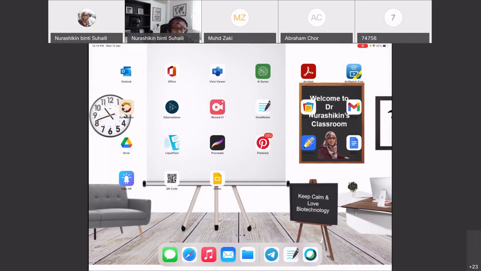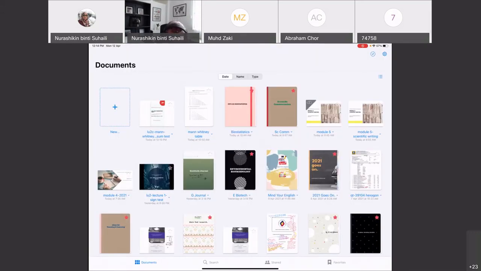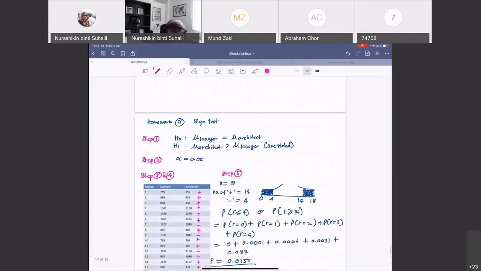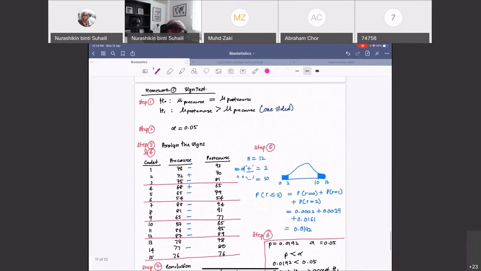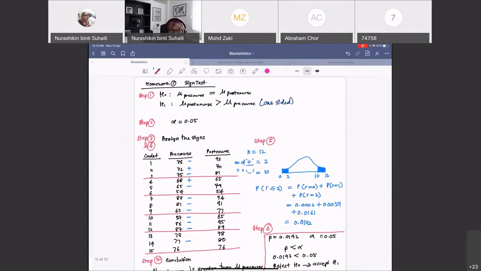Okay. Right. So some of you asked for the answer for the sign test, homework one. Okay, I have it here. I suppose you already know how to use the test, right?